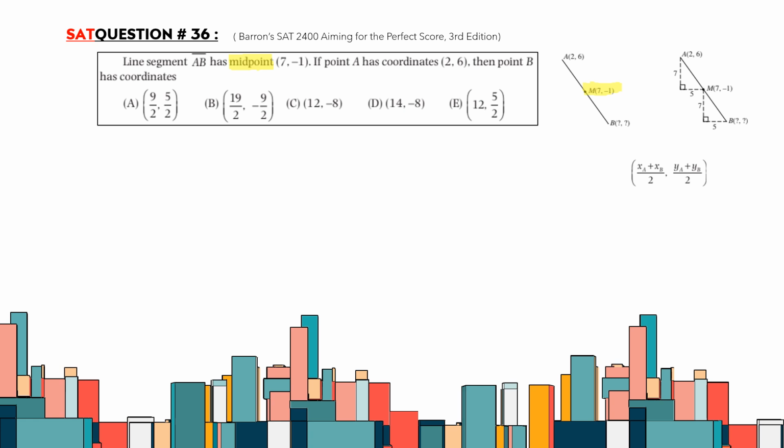And what is the formula? The midpoint coordinate will be x of A plus x of B divided by 2, comma, y of A plus y of B divided by 2.